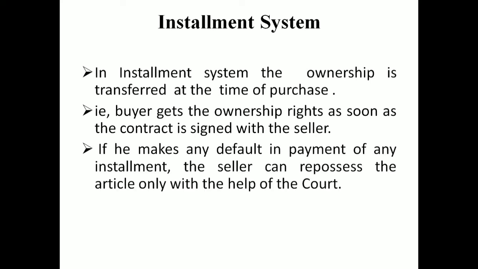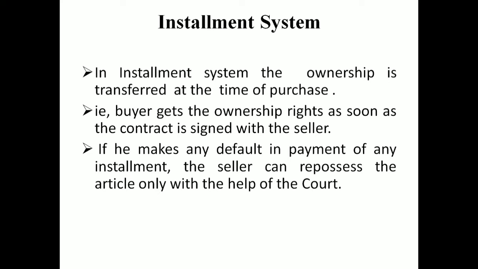And maybe there will be some defaults. That means once you purchase something, there may be a default in the payment of the installment amount. Normally this does not happen, but you have goods of a certain value, and you pay through installments. If there is a default in the payment of the installment, the seller can repossess the article only with the help of the court.